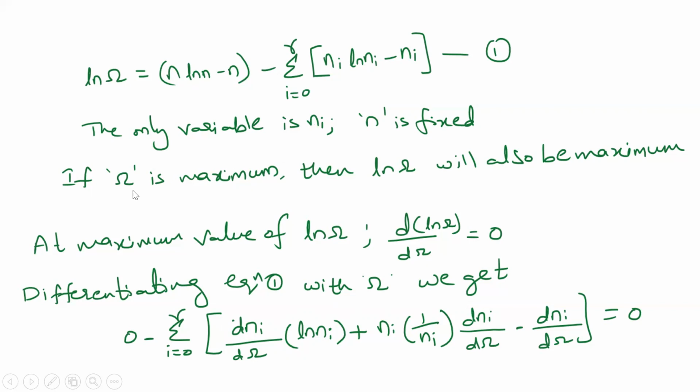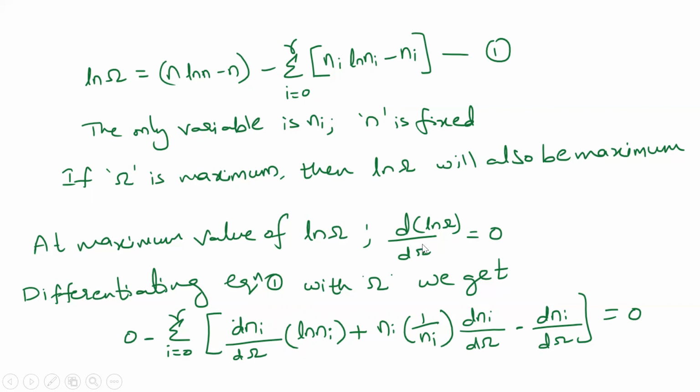If omega is maximum, then ln omega will also be maximum, because it is proportional. As omega increases, ln omega also increases. So if we can find the condition related to ln omega, then that condition also applies to omega.